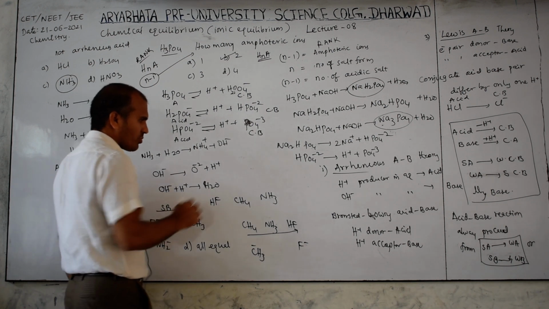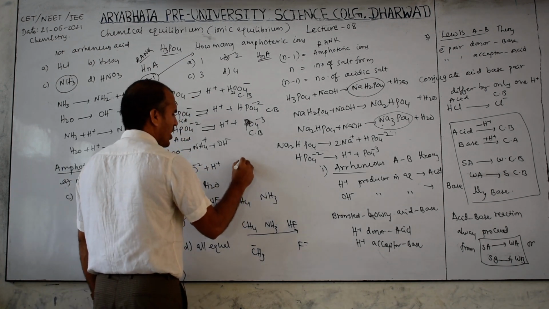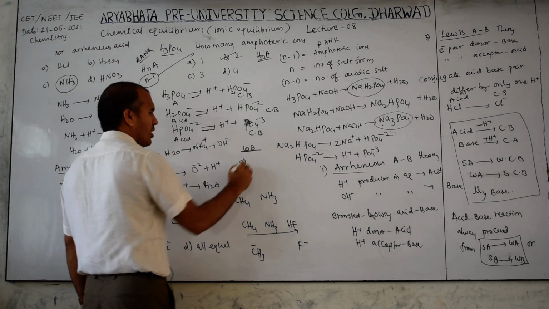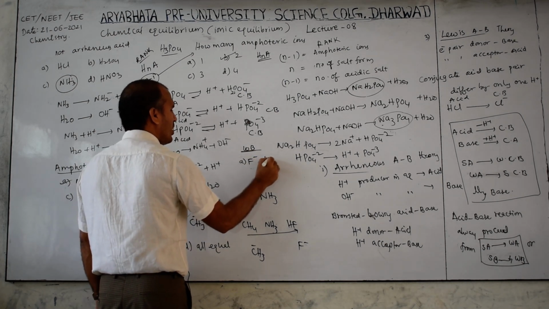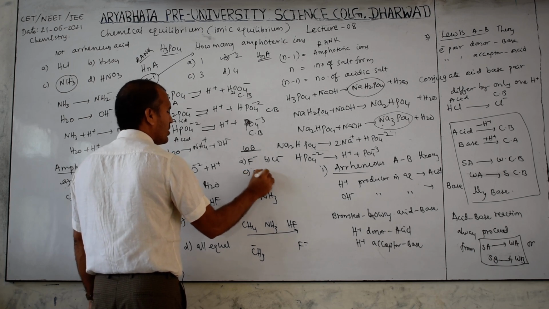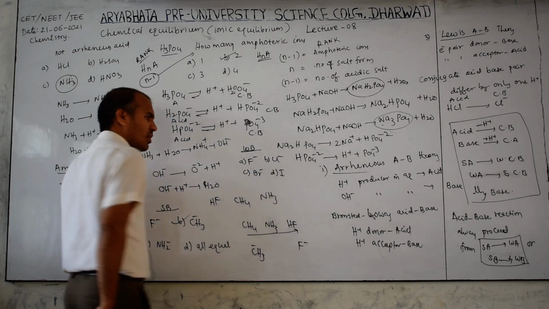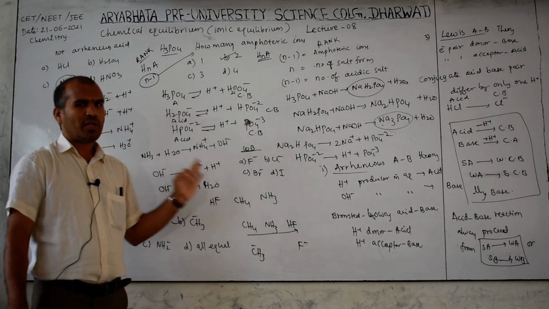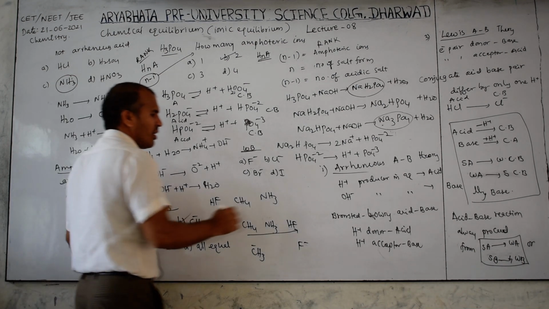Similarly, now here also, given the options, which is a weak base? Here A F minus, B Cl minus, C Br minus, D I minus. Then which is the weak base? Always add H to the given ion.